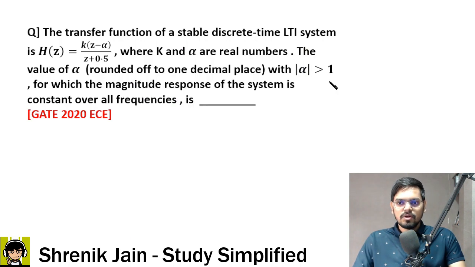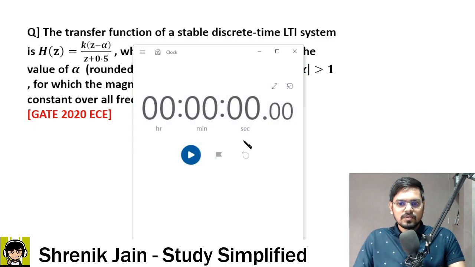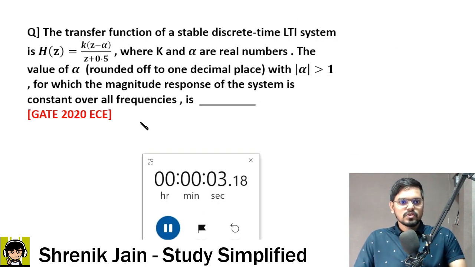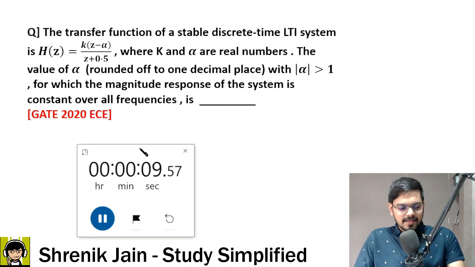The question is not that tough because they are giving us one hint. What is the hint? That the magnitude response of this system is constant over all the frequencies. What does this mean? This means all pass filter. So is there any property in all pass filter?